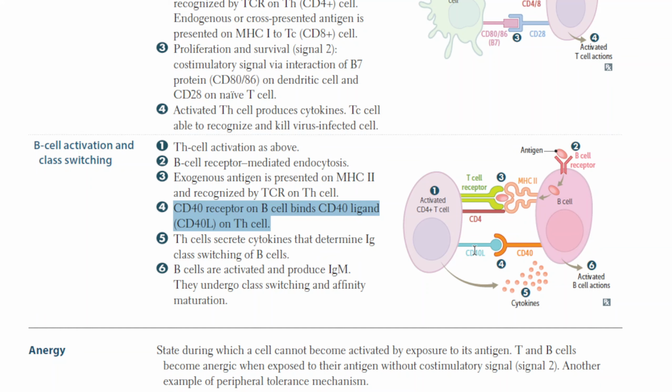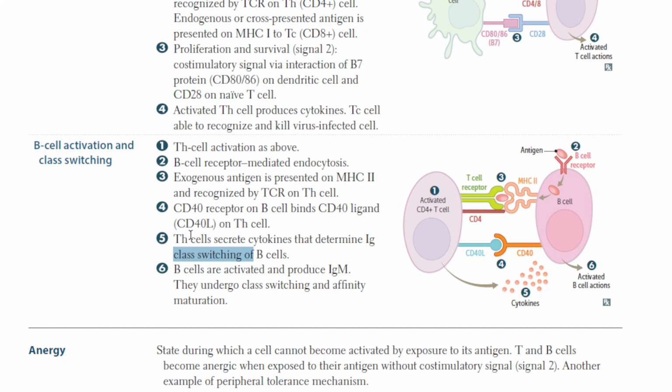Remember CD40L plus CD40 on a B cell. So the CD40 receptor on B cells binds the CD40 ligand on the Th cell. The Th cells secrete cytokines that determine immunoglobulin class switching on B cells.